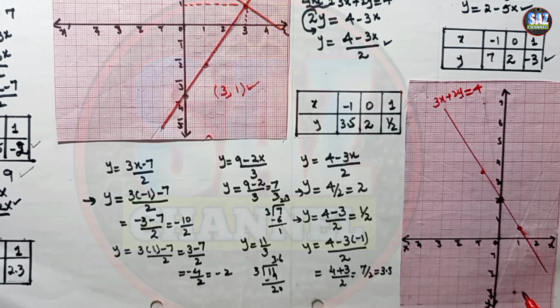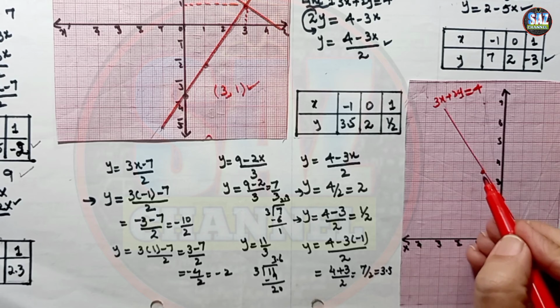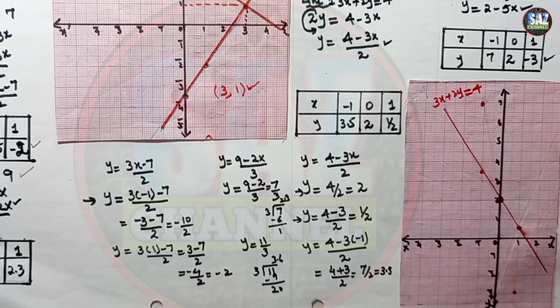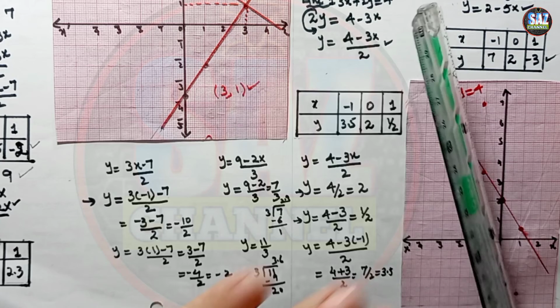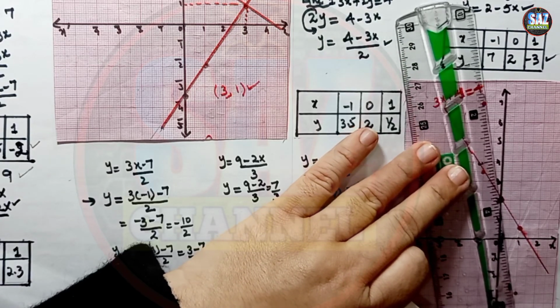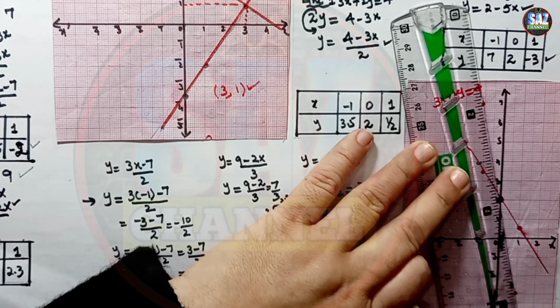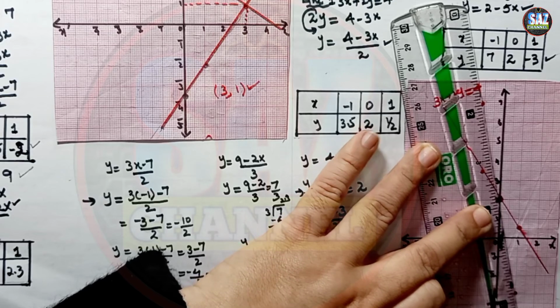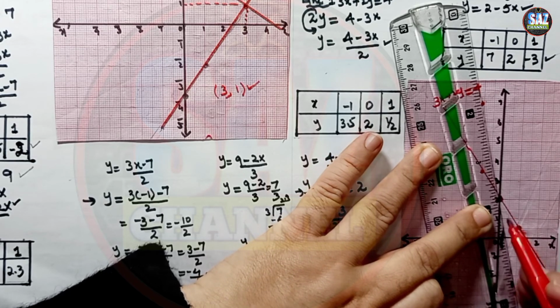And the third point, when x is minus 1, y is 7. So first of all, reach minus 1 and then move upwards 7 units, and the point will be marked at this place. Now join these 3 points with the help of a ruler, and we have to be careful about the drawing of the line.